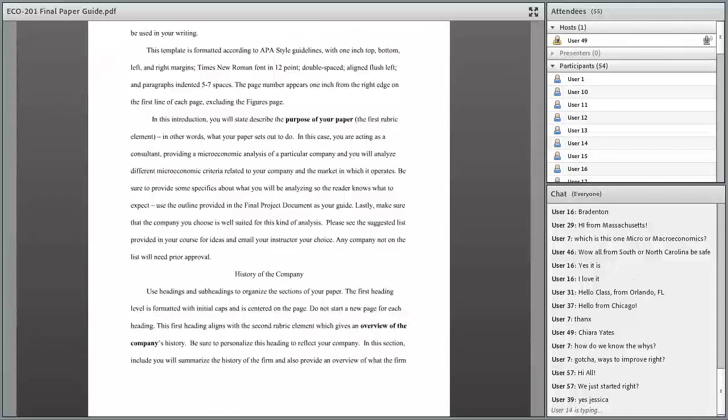You will be able to find that overview and the history of the company in the About section of the website of the firm you have selected. As I said, the Milestone 1 is pretty straightforward. Once you provide the purpose and you provide a history and an overview of your company. You have to be comprehensive in providing the history of the firm.